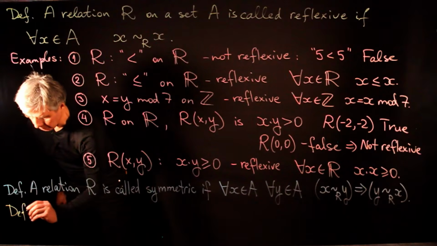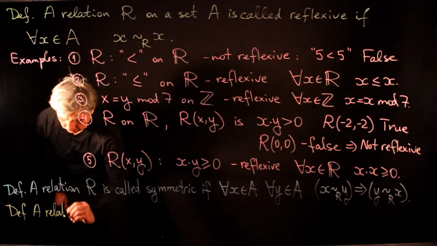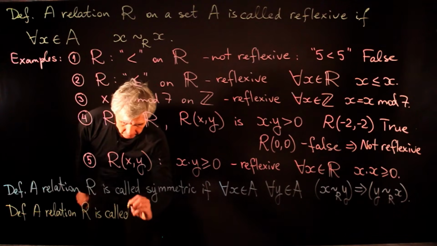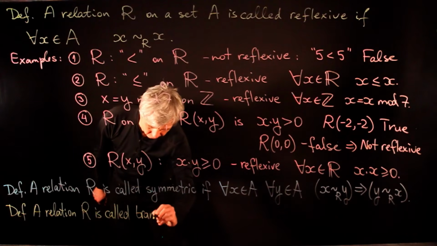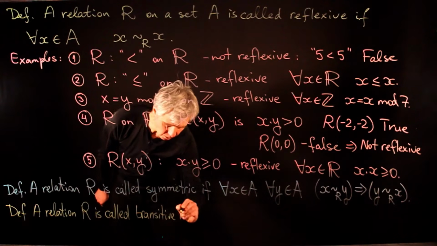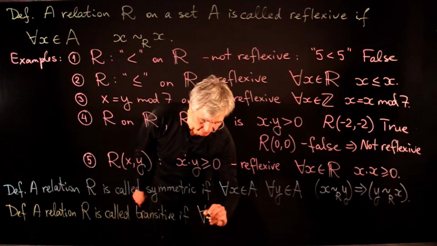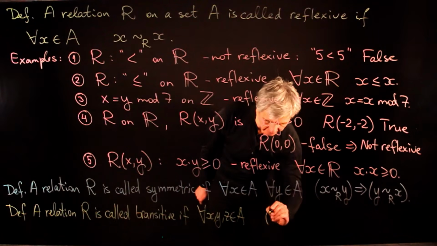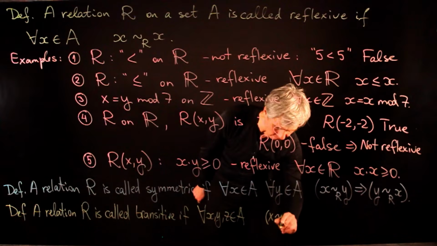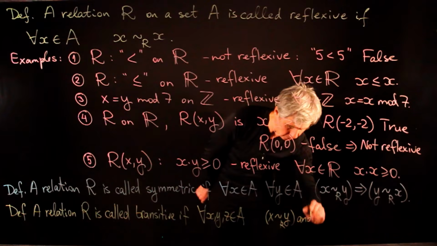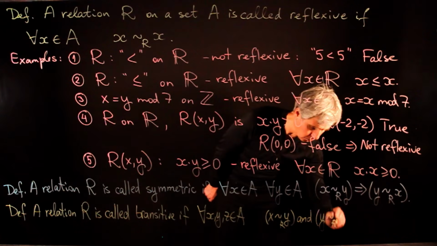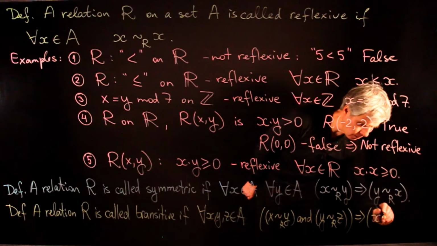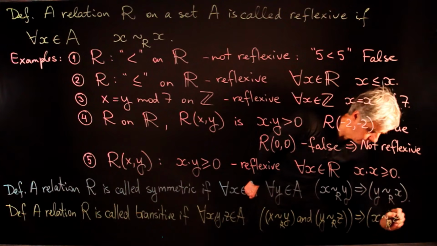And a relation R is called transitive if for all x, y, and z in the set A, if x is related to y and y is related to z, then these two imply that x is related to z.